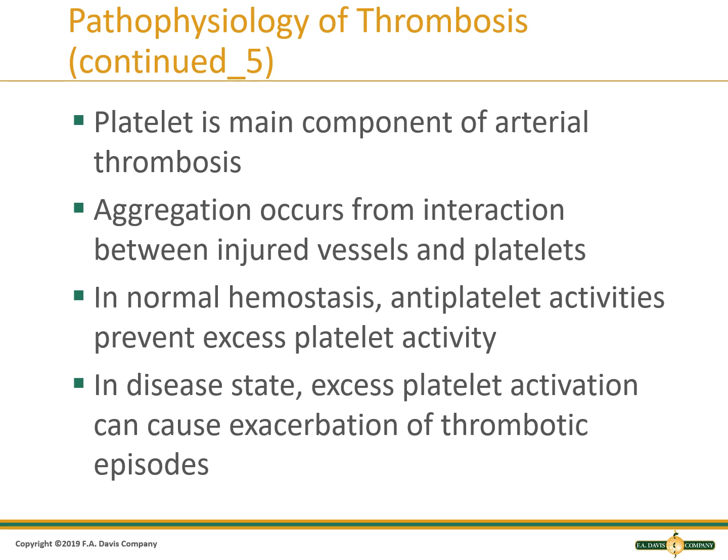In disease state, excess platelet activation can cause exacerbation of thrombotic episodes, meaning the disease state is activating more of the platelets, so it causes more potential for some sort of thrombotic or clotting episode.